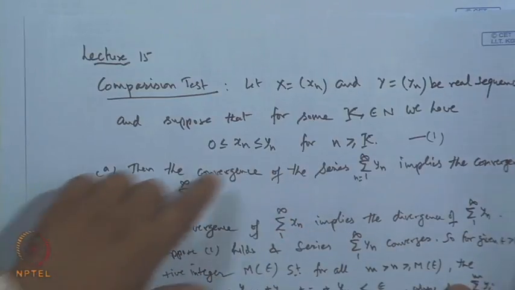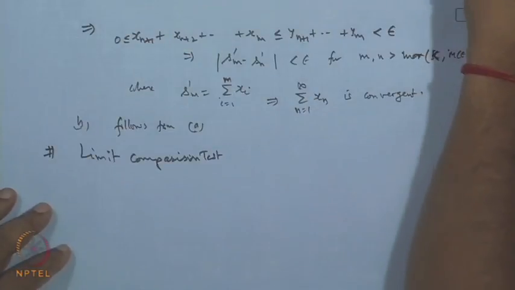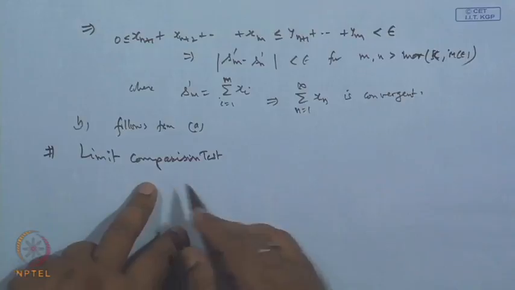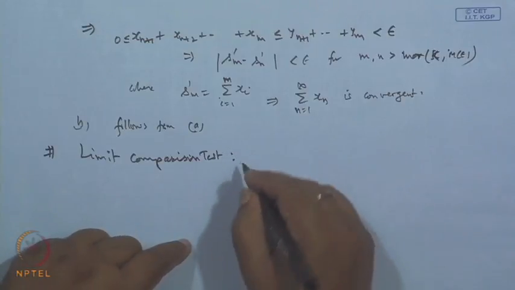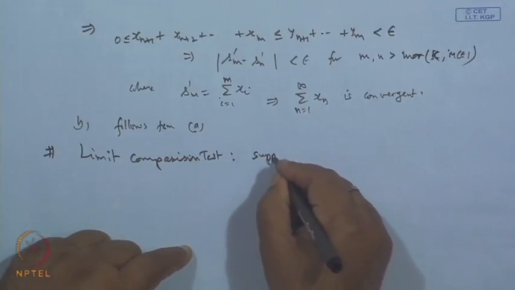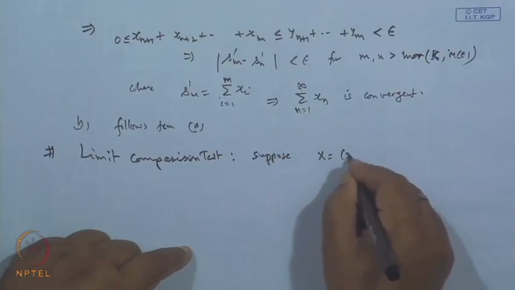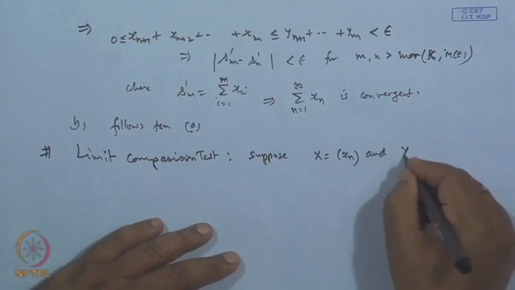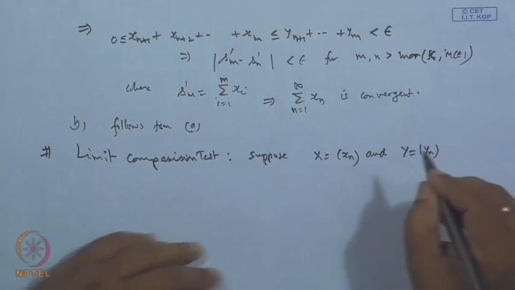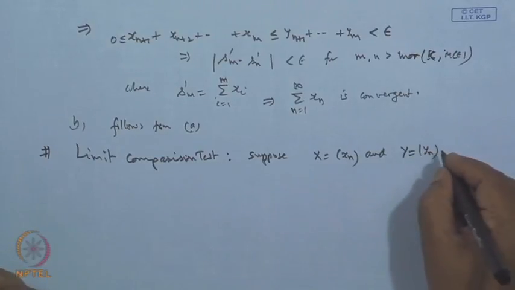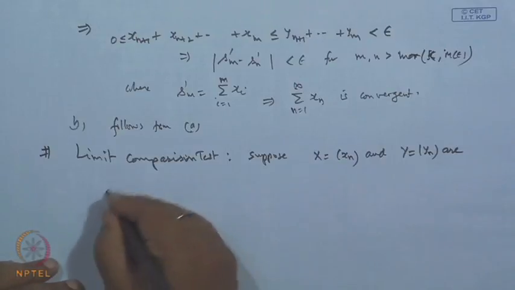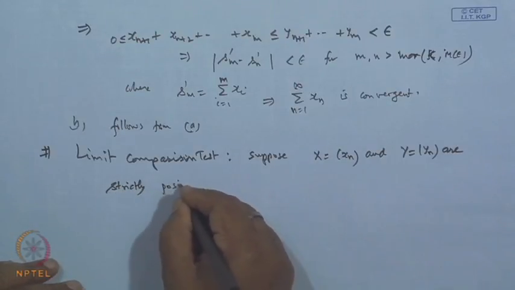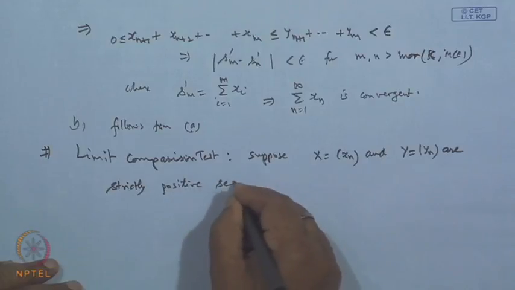So, what we have is slightly modified and a simpler form is given, which is known as the limit comparison test. The test says suppose x, which is x_n, and y, which is y_n, are strictly positive sequences of real numbers.